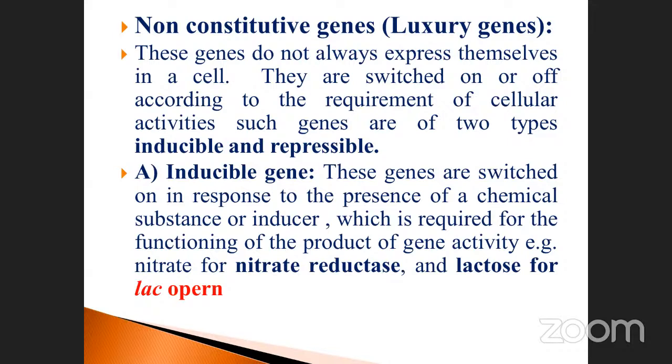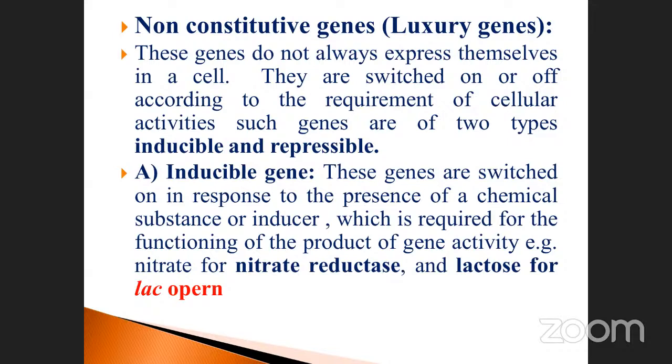Example: nitrate for nitrate reductase. Nitrate reductase is the enzyme, and it requires nitrate as a substrate, otherwise called the inducer. Without the nitrate substrate, there is no activity of nitrate reductase. The same goes for lactose in the lac operon concept of Jacob and Monod.